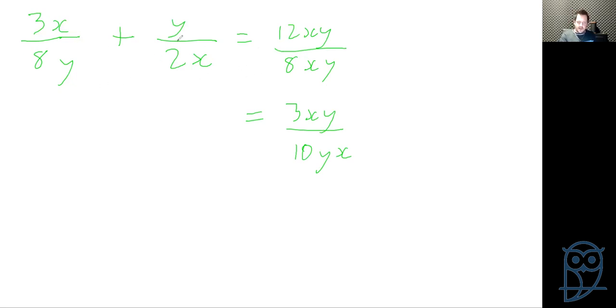We need to try and find an LCD, or a lowest common denominator here. And the fact that we got 8xy here is a very good sign. This is a huge problem because you cannot add my denominators together. So that automatically is wrong.